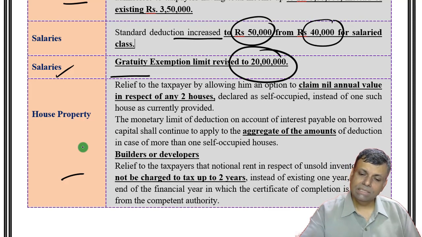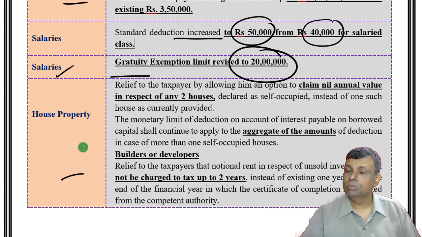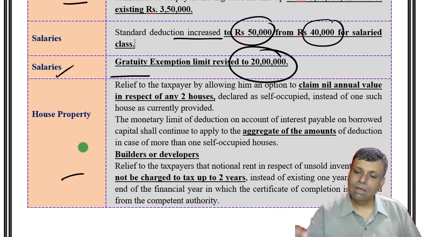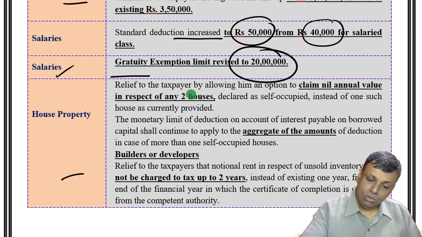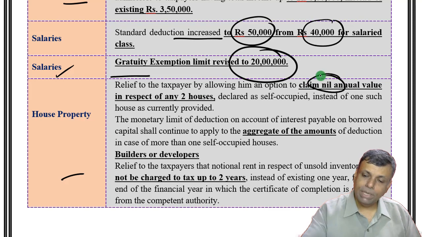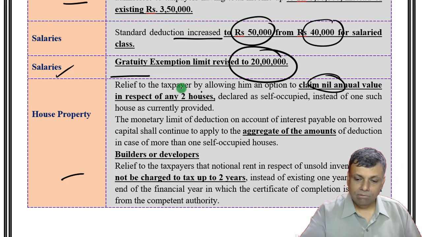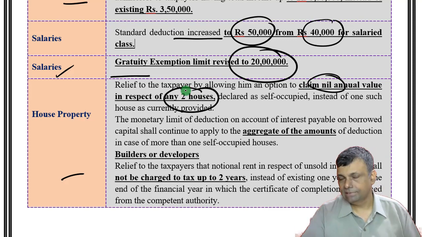Now, friends, in the house property chapter, the change which has been created is from the SOP, self-occupied property, point of view. For one self-occupied property, the annual value was taken as nil. I repeat, for one self-occupied property, the annual value was taken as nil. Now it is amended. Now the government has said that you can take the self-occupied property annual value as nil with respect to two houses.